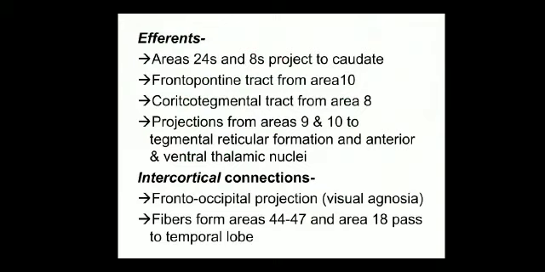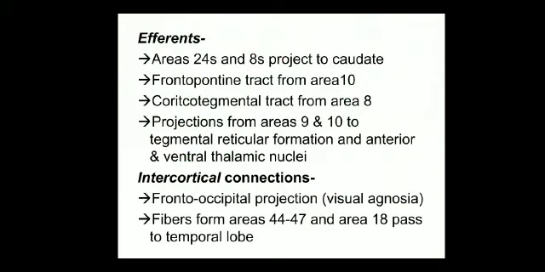The importance of this is that the proprioceptive impulses from the eye muscles are integrated in area 8, and through these fibers, these data can be correlated with the retinal impressions.